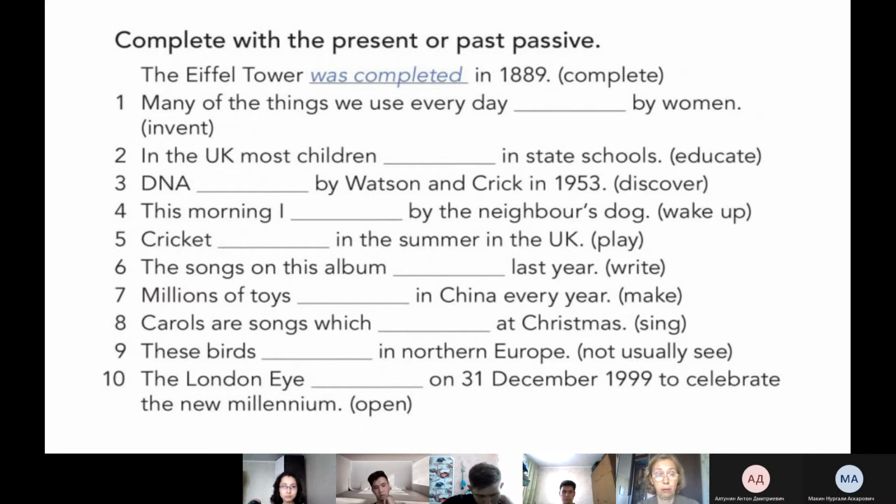Okay, the next sentence, Daniel, please. DNA was discovered by Watson and Crick in 1953. DNA is deoxyribonucleic acid, right? Is it singular or plural? В каком числе? В единственном или во множественном здесь использовано это слово?